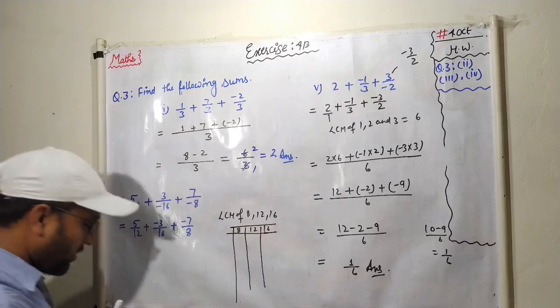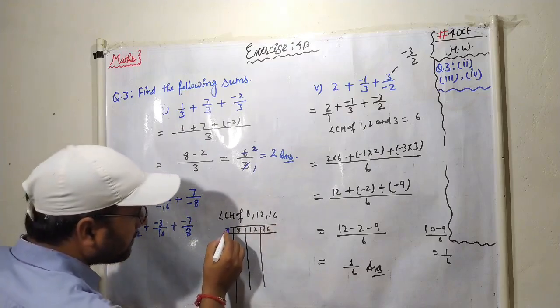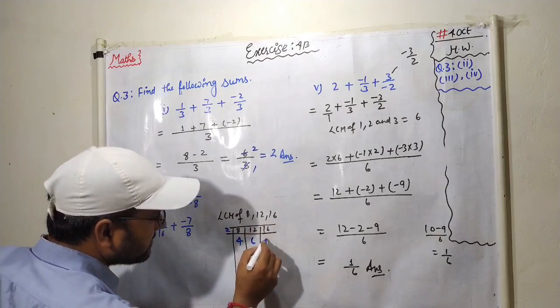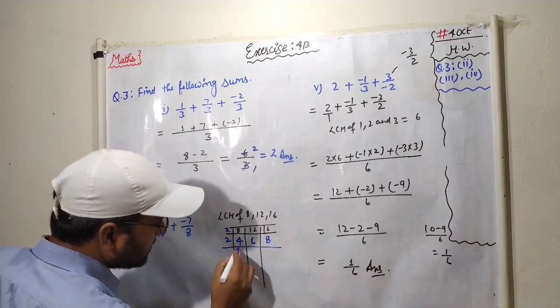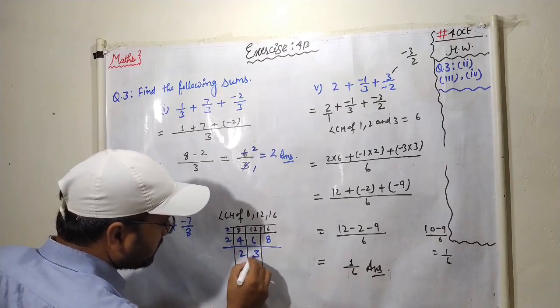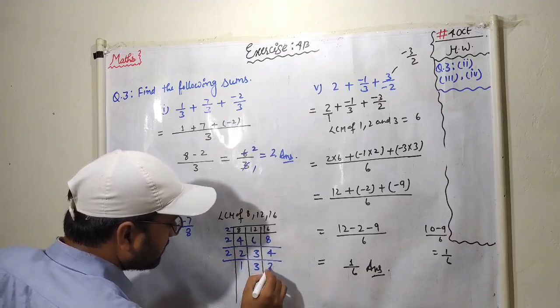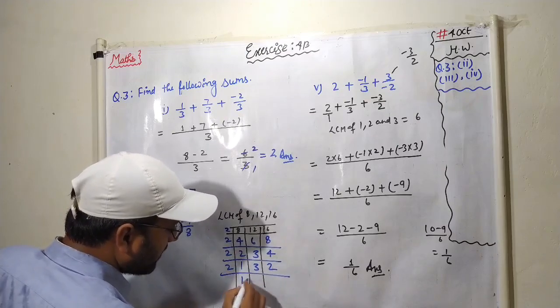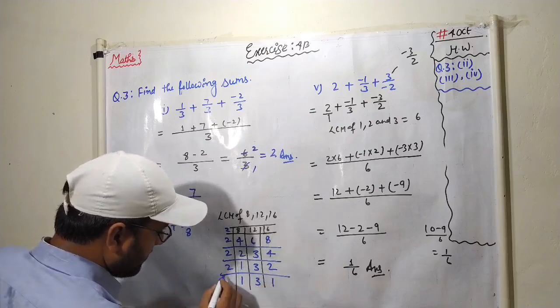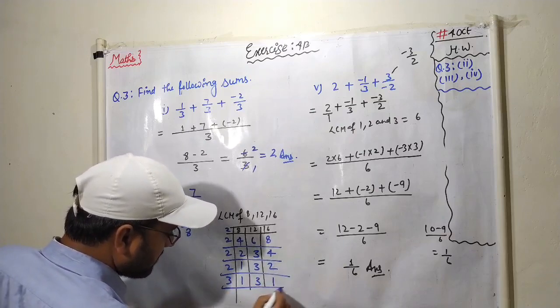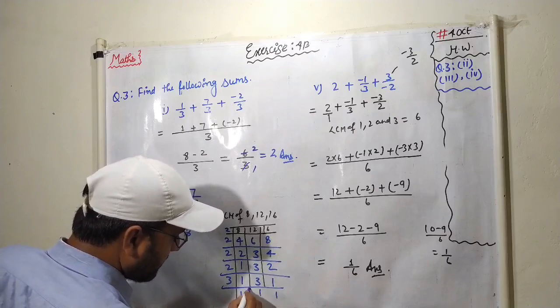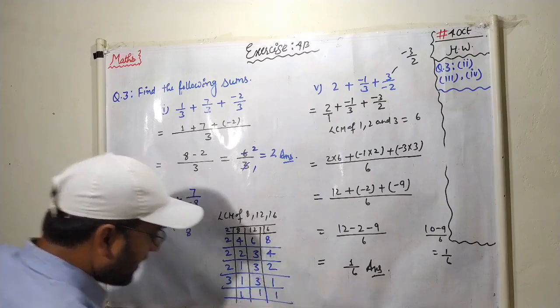It goes with 2 times: 4, 6, 8. Again with 2 times: 2, 3, 4. Again 2 times: 1, 3, 2. Again 2 times: 1, 3, 1. And then 3 times: 1, 1, 1. So this is your LCM.